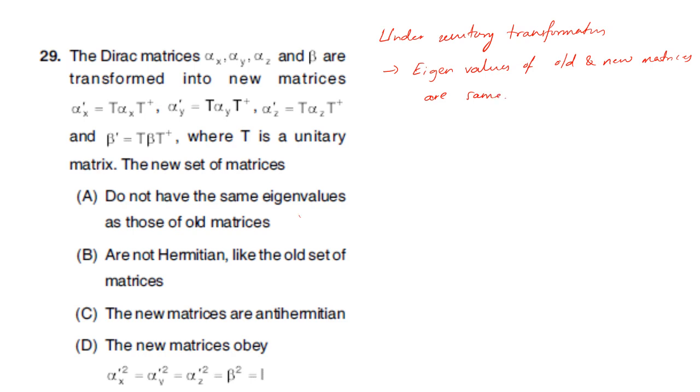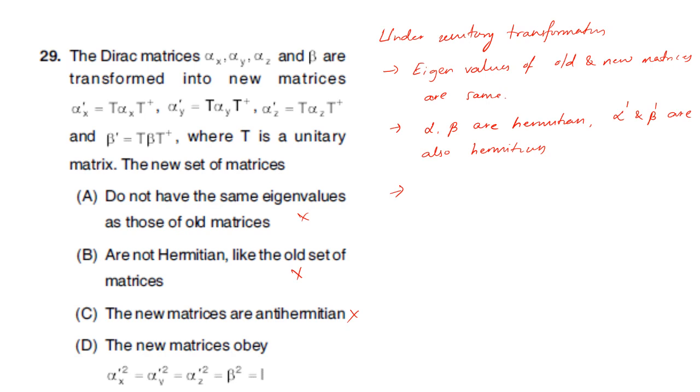Therefore this one is not true. Then second is, suppose alpha and beta are Hermitian, after unitary transformation alpha prime and beta prime are also Hermitian. Therefore this one is also not true and this is also not true.